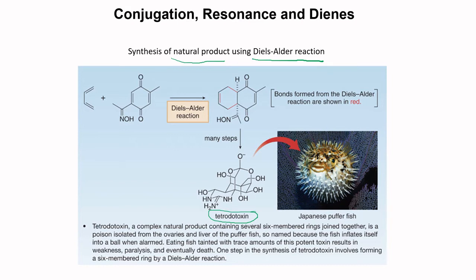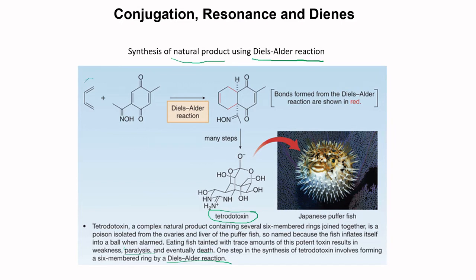That's why when there is an enemy, the fish will inflate into a ball, and if you eat this fish, there will be some trace amount of this toxin which will result in weakness, paralysis, and eventually death. In the production of tetrodotoxin in the Japanese pufferfish body, one of the important reactions is the Diels-Alder reaction.